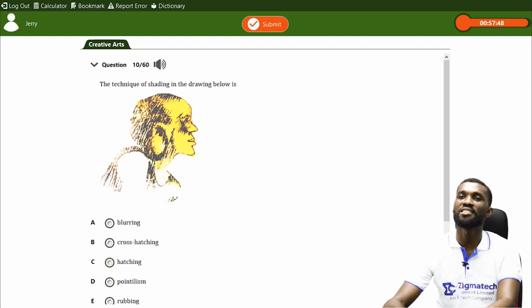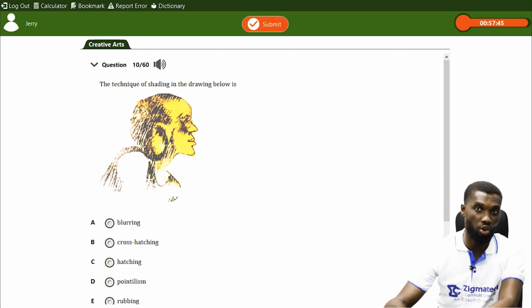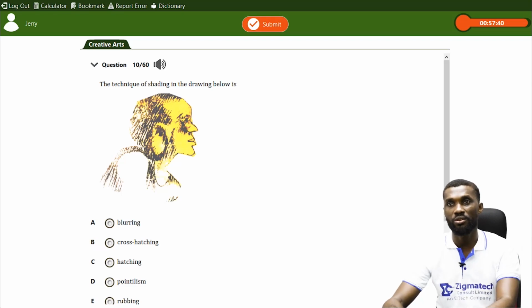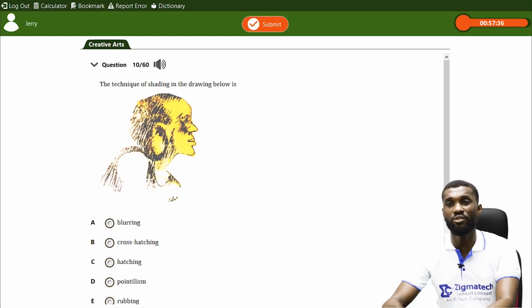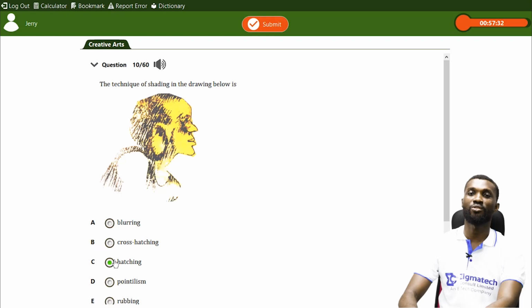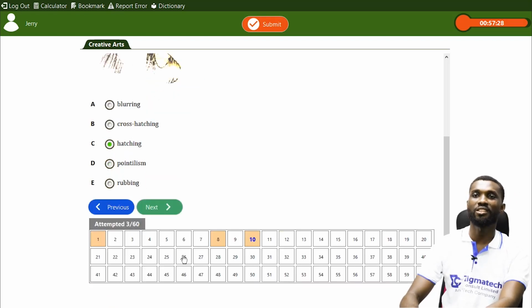What did I hear you say? Pointillism, you're wrong. Blurring, you're very wrong. Cross-hatching, you're wrong. Rubbing, you're very, very wrong. The correct answer there is hatching. If you chose hatching, you're very correct.